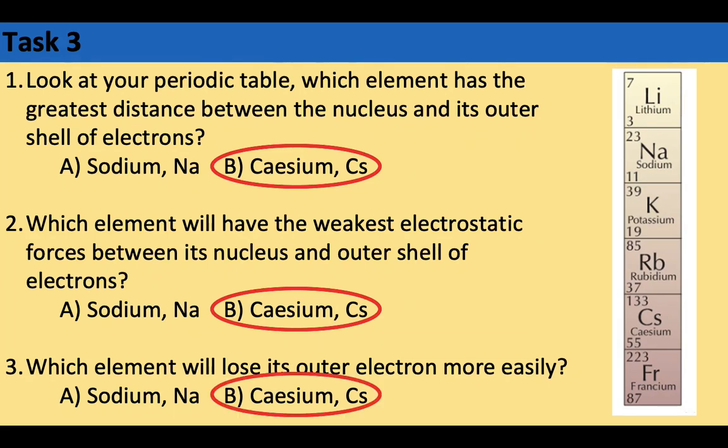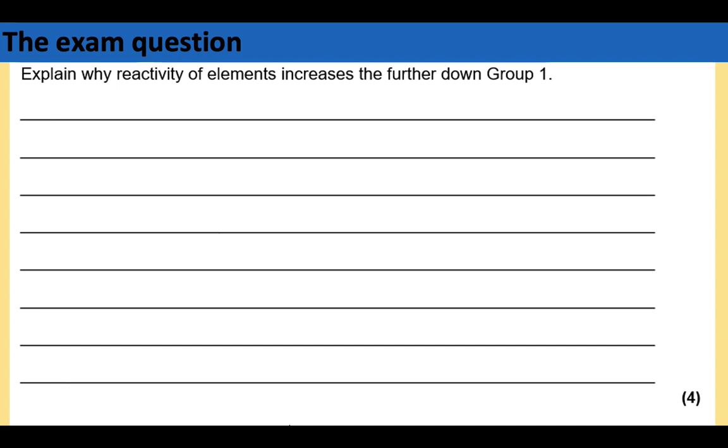Okay. Right, back to the exam question then. So the last thing for me today. Explain why the reactivity of elements increases the further down group 1 you go. So things you need to be thinking of here is how easily is it going to lose an electron? The distance between the outer shell electron and the nucleus. Okay.